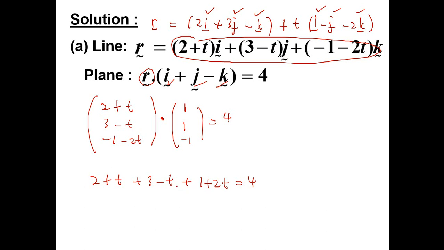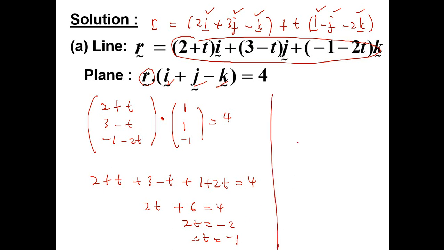Now we find the value of t. 2t plus 6 is equal to 4, so 2t is equal to negative 2. Therefore t is equal to negative 1.